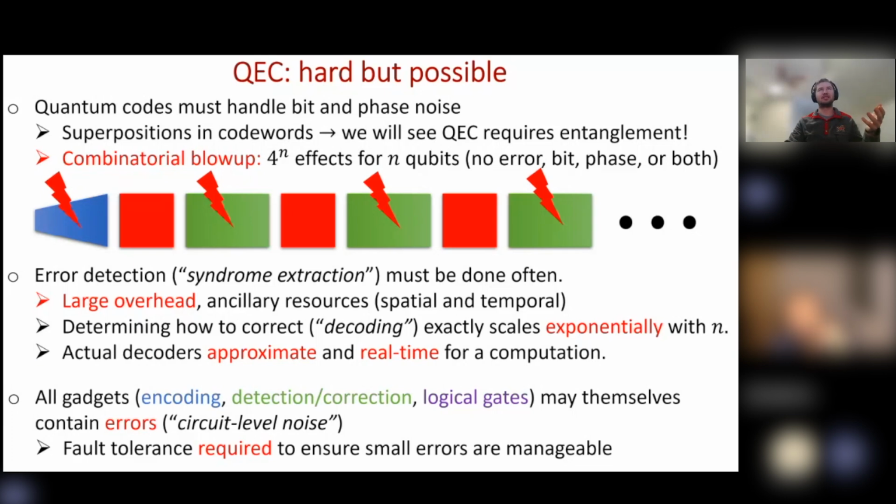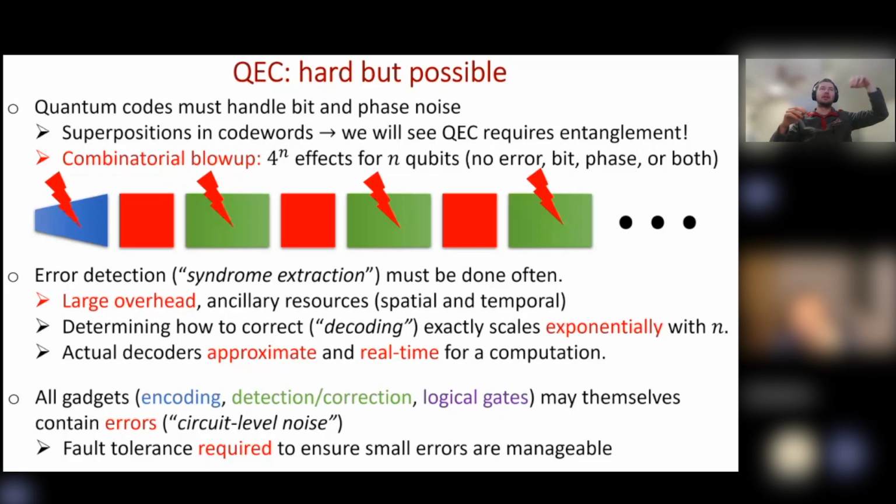Now, we can't just correct all those errors, because in the process of correcting, we're again introducing new errors. So it's not something we can just eliminate like we want to do in the red box. Instead, we have to tolerate these errors. We have to design our gadgets such that whatever error happens, it doesn't blow up as it propagates through the gadget into an error that we cannot correct.